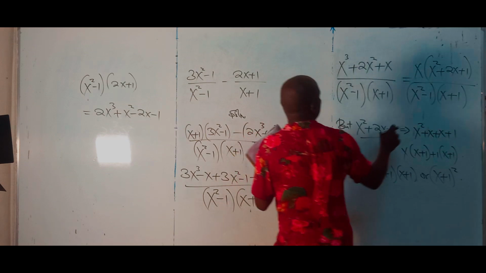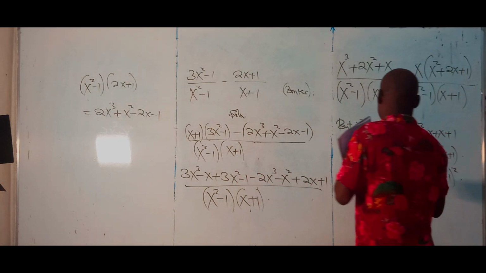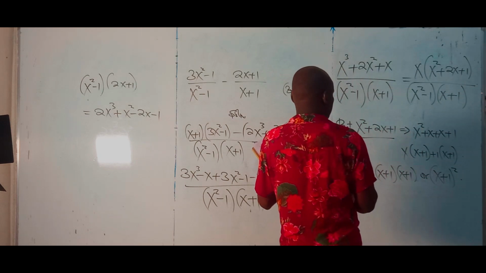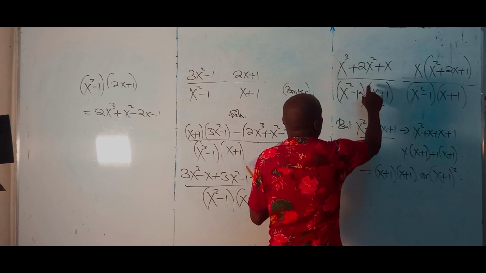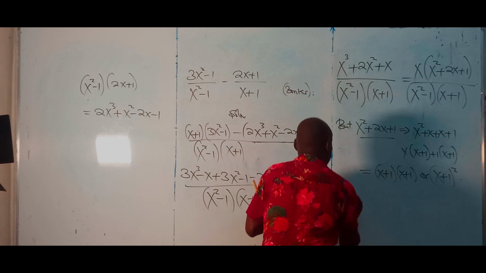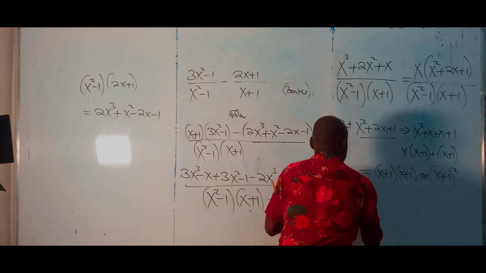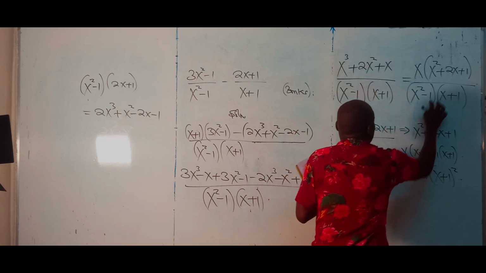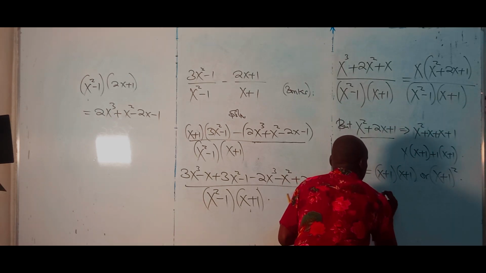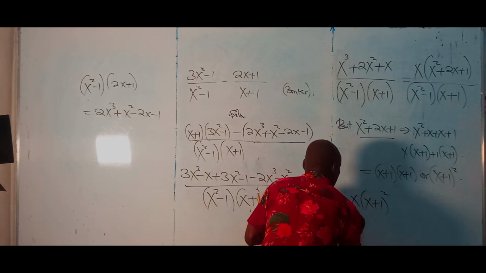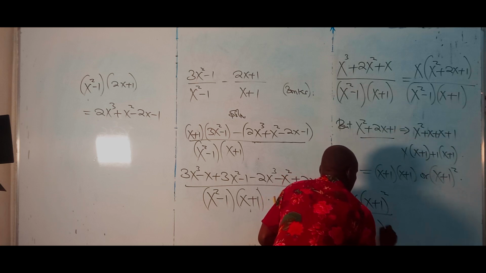That's the whole of this. Therefore I want to rewrite that. So I have x, and where there is this I can put x plus 1 squared, all over x squared minus 1, x plus 1.